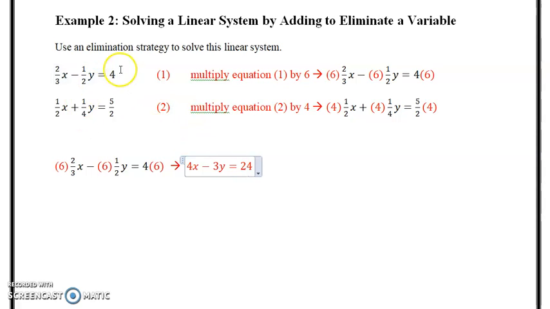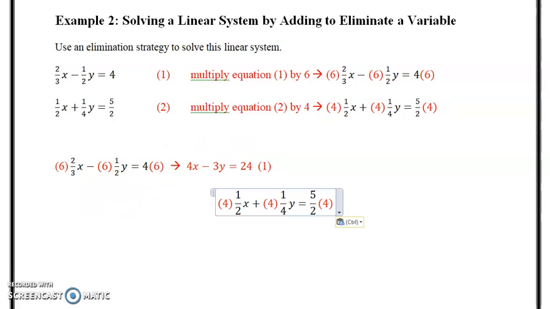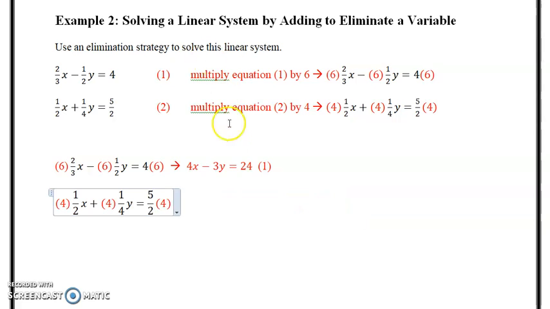So this first equation is equivalent to this, much cleaner. There's our new equation 1. It's still equal to the first equation, but we've manipulated it so it'll help us moving forward.